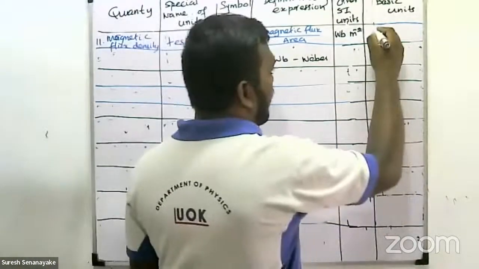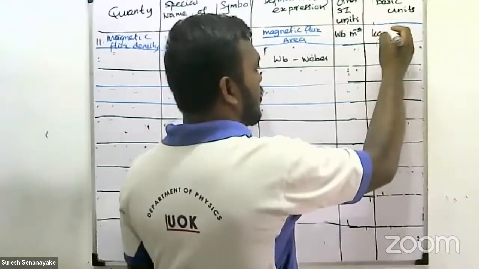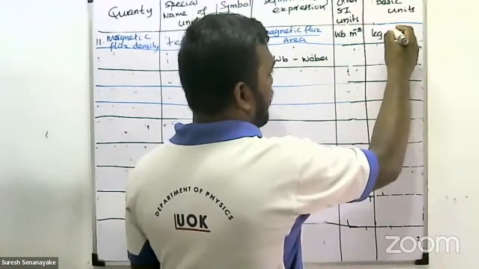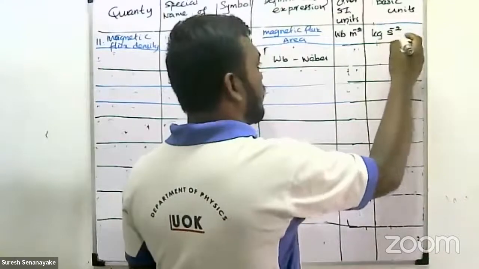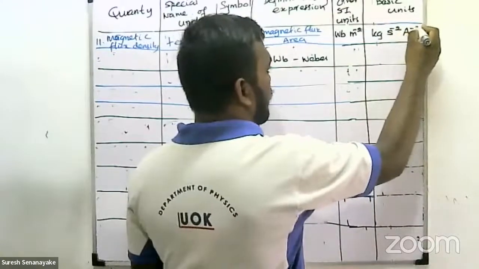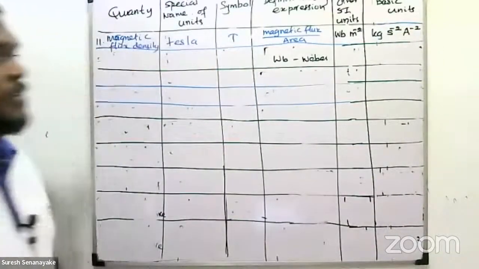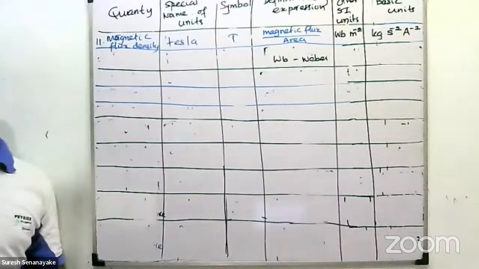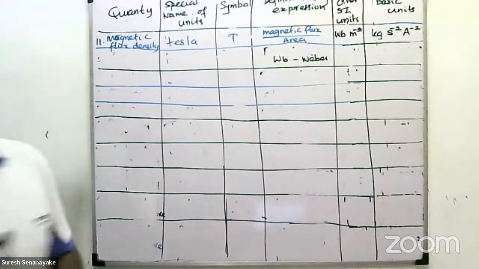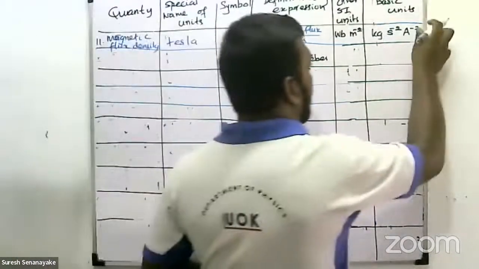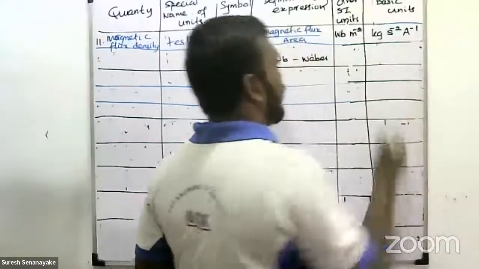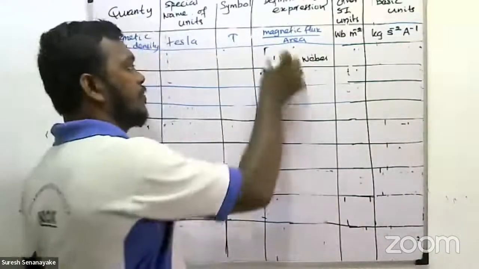In kilogram, s minus 2, A minus 1. That's how we write it in the SI unit system.